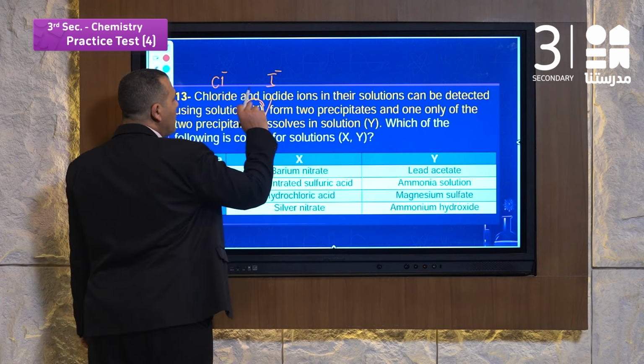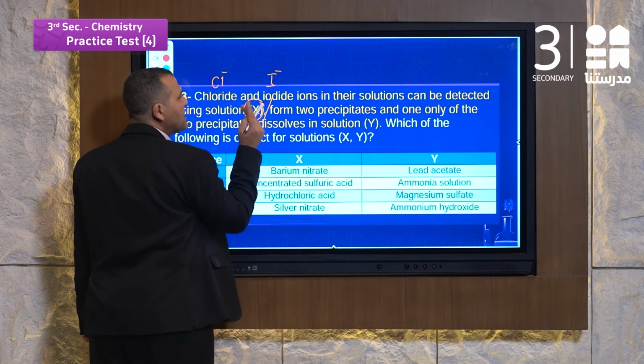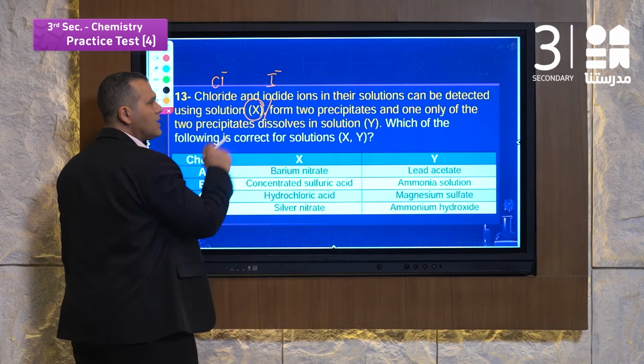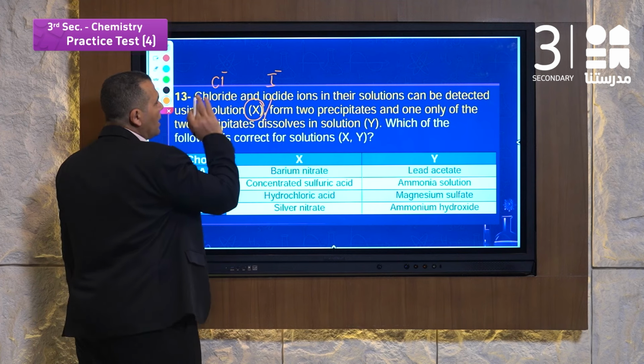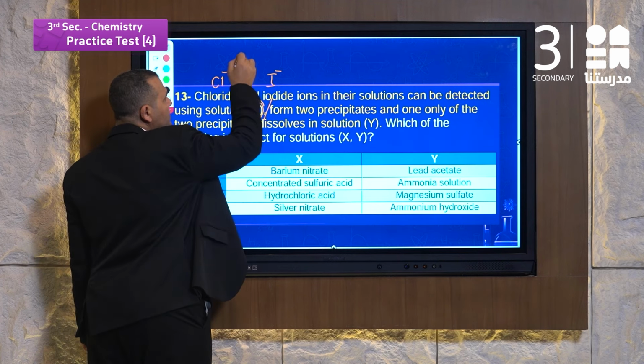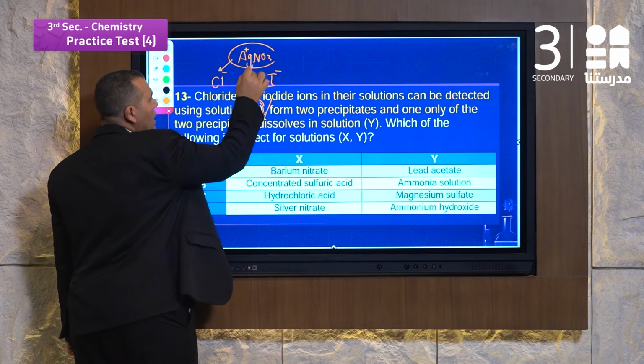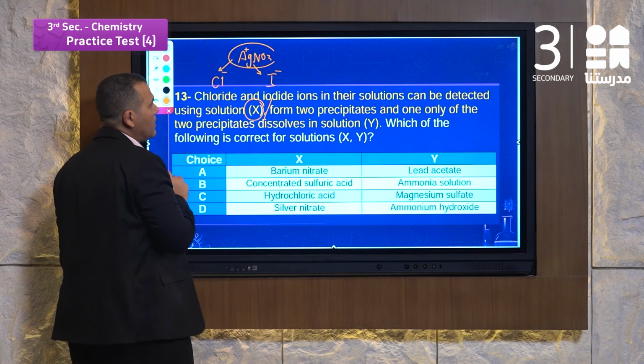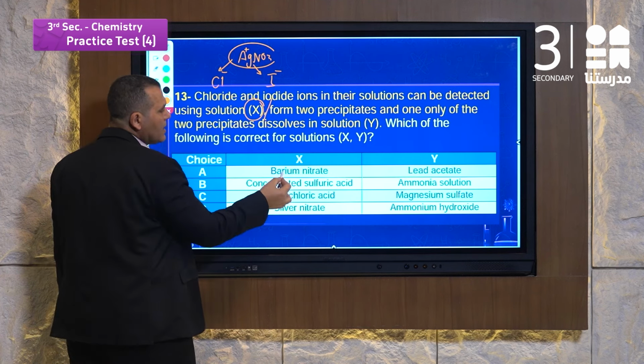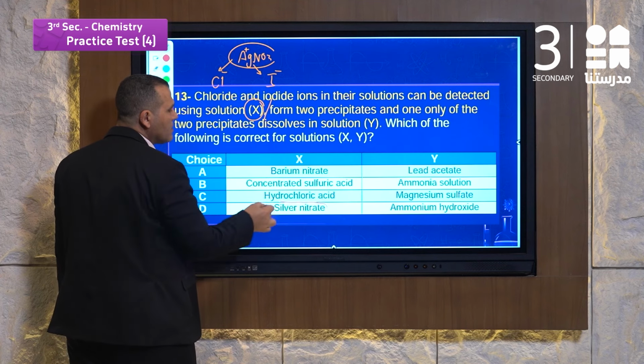But he says detected by solution X to form two precipitates, so it is not concentrated sulfuric acid. The confirmatory test for each of them is silver nitrate. Silver nitrate solution forms silver chloride, a white precipitate, and silver iodide, a yellow precipitate. Okay, so X is silver nitrate.